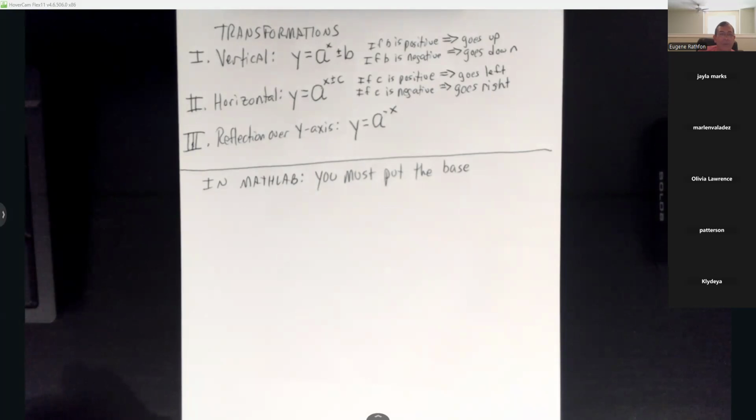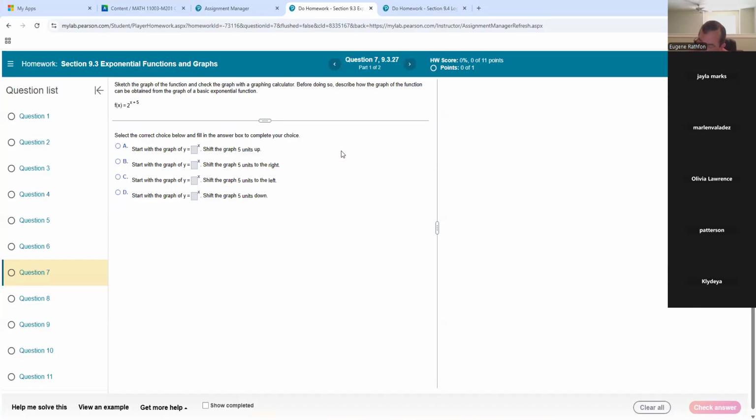All right, I'm going to share my screen. See on this one, they got f of x equals 2 to the x plus 5. So they're attacking that x with that plus 5.